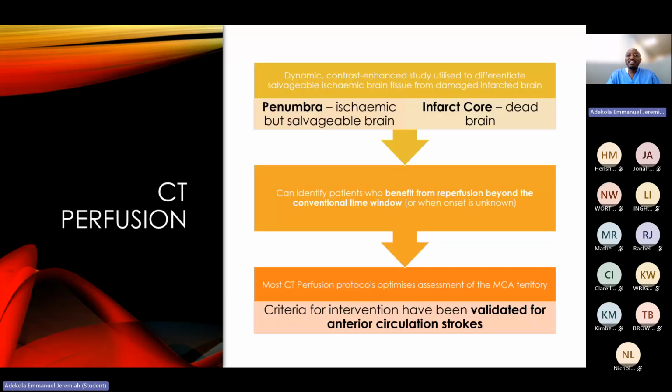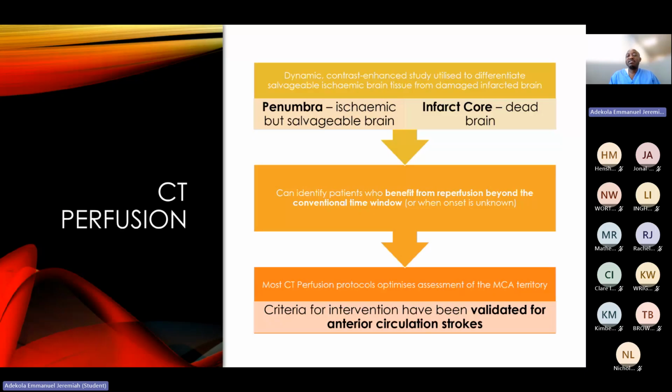So CT perfusion is a dynamic contrast study, which we can use to differentiate areas of damage that are salvageable. Those are the areas we call penumbra. Those are the areas that have not yet died, but if the ischemia persists, they are likely to die.